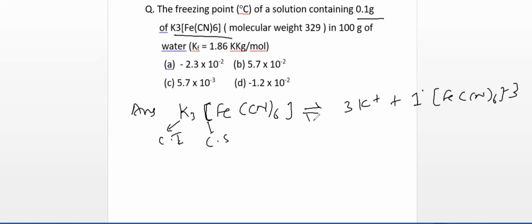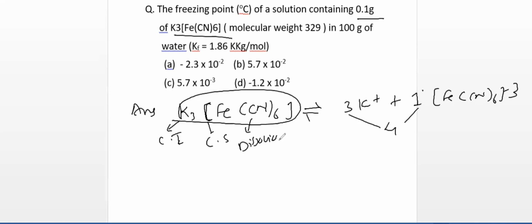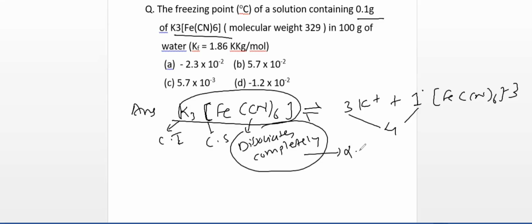So this substance produces 4 particles. Also, we need to assume that in water this entire molecule dissociates completely, meaning its dissociation is 100%. So for 100% dissociation, the alpha value becomes 1.